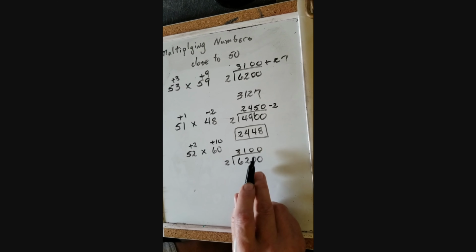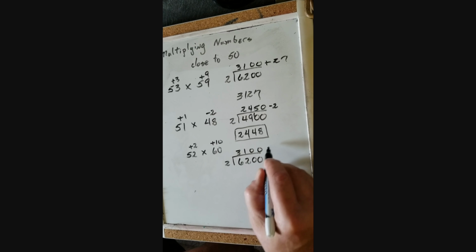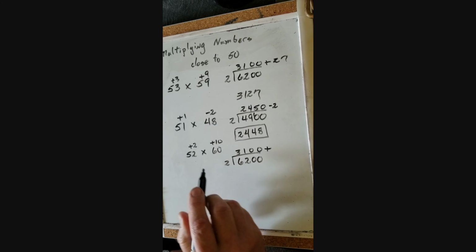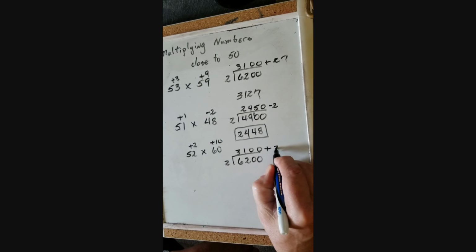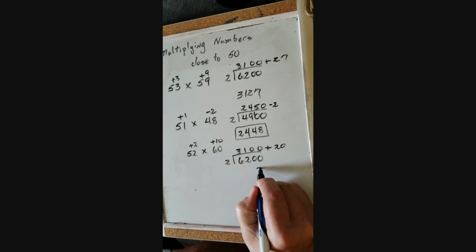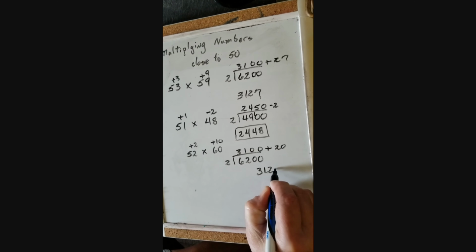And no remainder, so it's just 3,100 plus 2 times 10, which is 20. So our answer is 3,120.